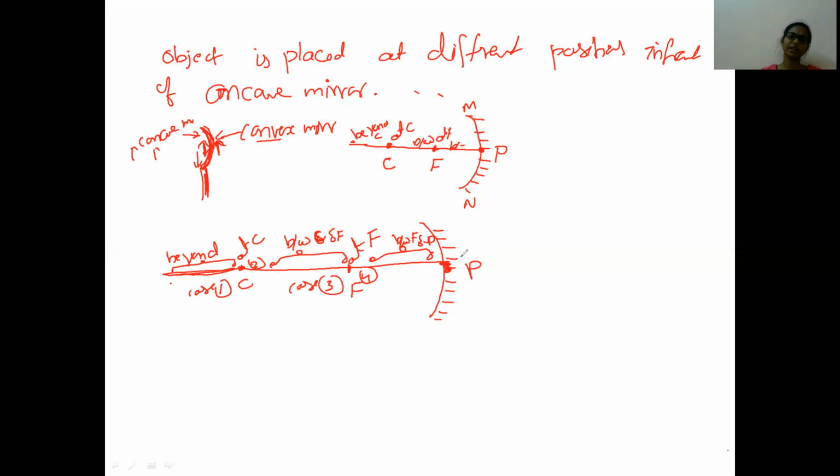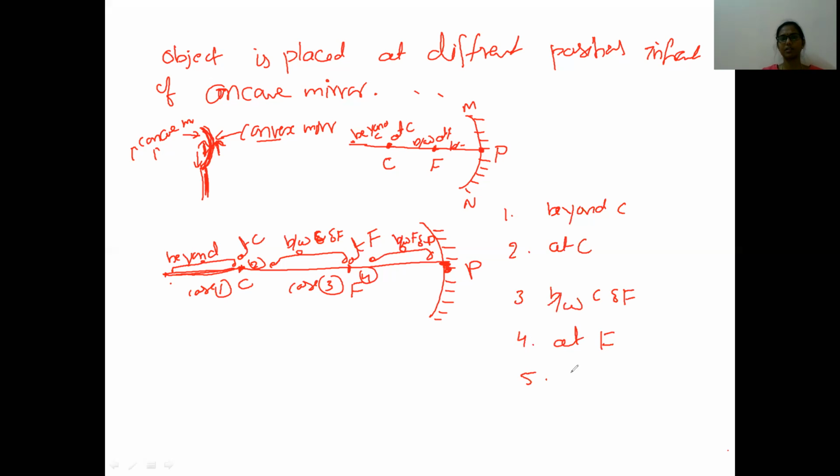So there are five conditions in which we can place the object, right, children? Very far from the mirror, at C, and in between C and F. Case one is behind C. The second condition, we can place at C. The third condition is between C and F. The fourth condition, we can place at F, the focus.